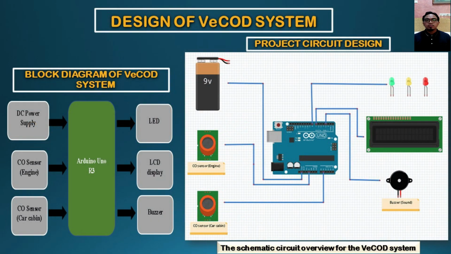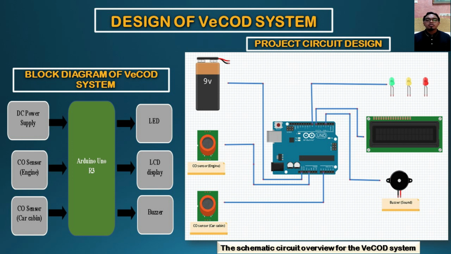This is the design of the vehicle system for the project. This part is divided into two: the block diagram of the vehicle system and the project circuit design. The block diagram shows the input system and the output system found in the vehicle system. The input system consists of a DC power supply and the carbon monoxide sensor, MQ7.